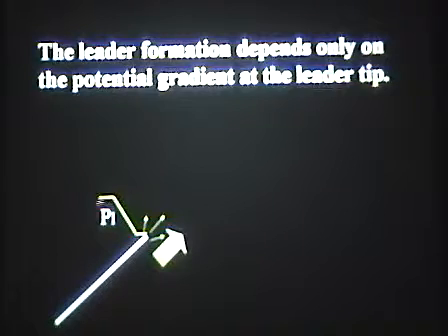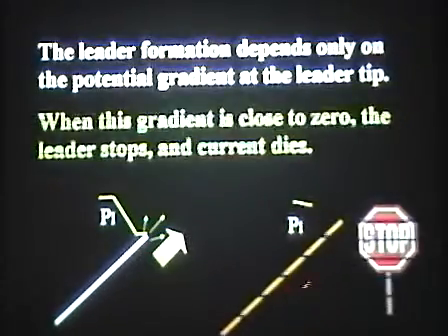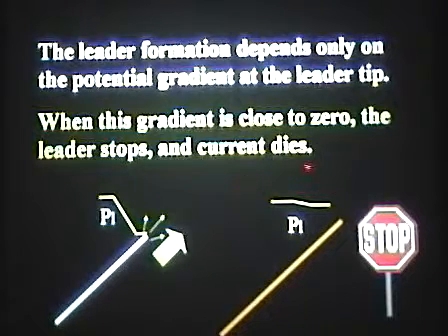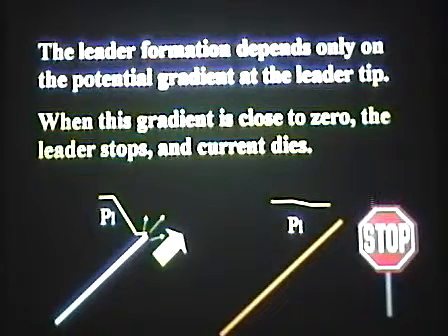So as long as this potential gradient is above a certain threshold, we have this continuous breakdown and formation of a leader and elongation, and it goes on until we have a condition when this potential difference is below a certain value, so very, very negligible, and then this process of formation of a leader stops, and propagation stops, and the leader dies, and lightning dies. So this is how it goes physically.